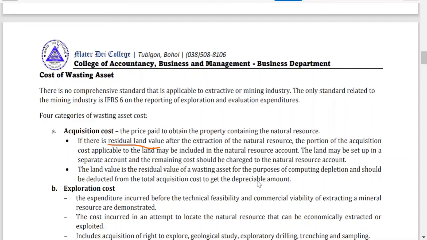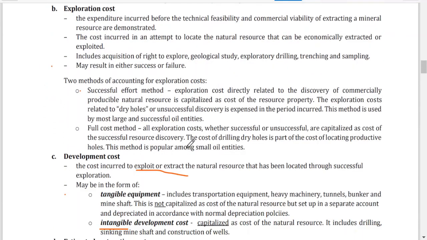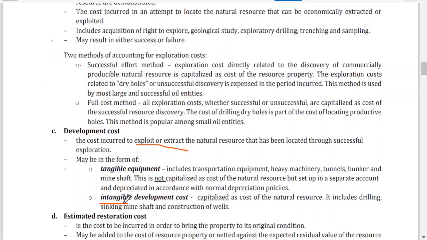So if not, if they prefer that the exploration costs will be expensed, so therefore dili nato siya i-add sa cost sa natural resource, dili nato siya i-add sa cost sa wasting asset. Then we have the intangible development cost. Remember that only the intangible form will be capitalized.